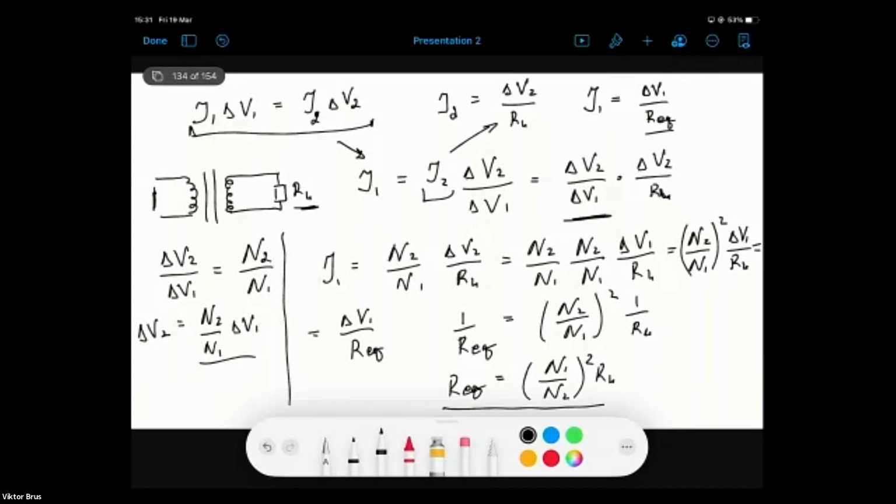This means that by varying the load and the ratio of turns, we can change the input resistance and match it, in so-called input impedance matching, with the signal generator resistance.